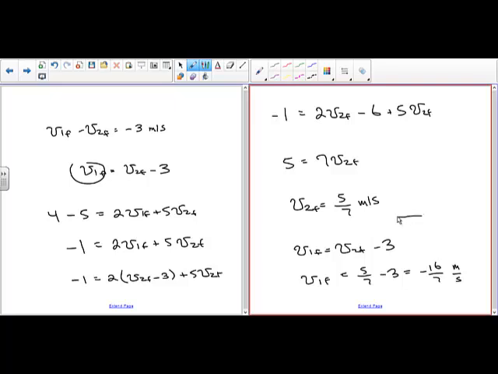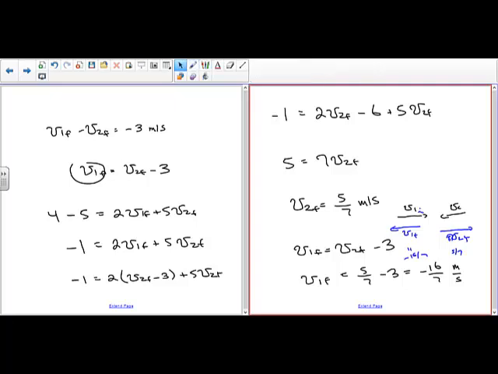And so initially V1 was going this way and V2 was going this way. And when it's over, V1 is going this way. It's going negative. So this is V1 final. This is V1 initial. And V2 final goes the opposite way. It's positive. It was originally negative. So that's V2 final. So V1 final is equal to negative 16/7, and V2 final is 5/7.